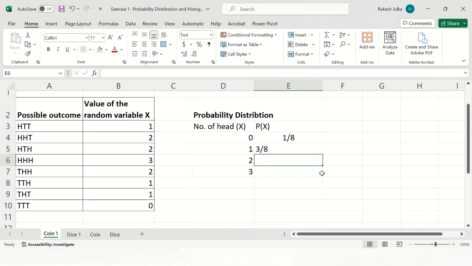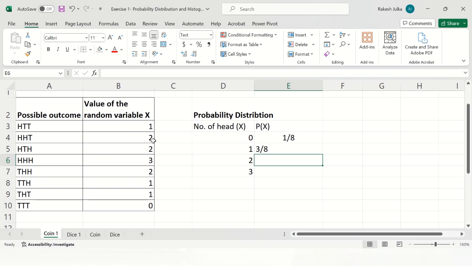Next we have 2, so it means the number of heads is 2: 1 and 2, 1 and 2, and here 1 and 2. So two heads and two heads, 1, 2, and 3.